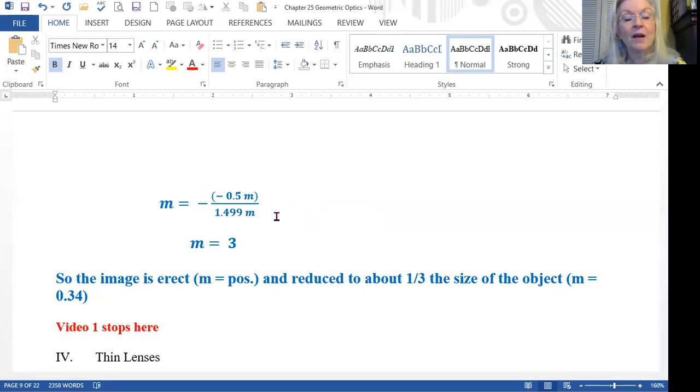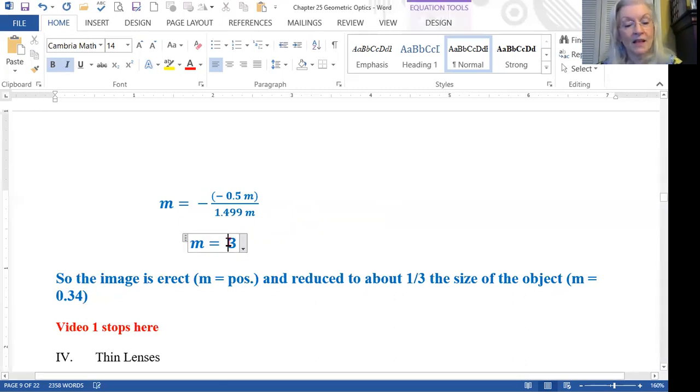Notice that the minus makes it a plus, so we know it is erect. Oh, I'm sorry, it isn't 3. It's 1/3, which is 0.33. My apologies.